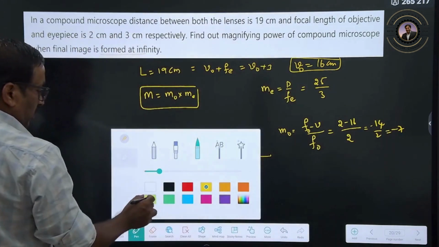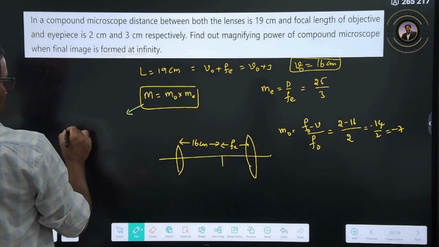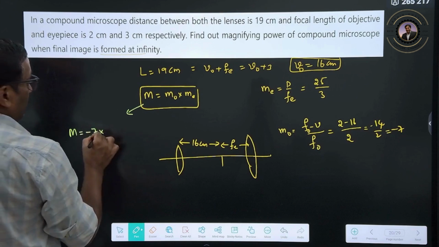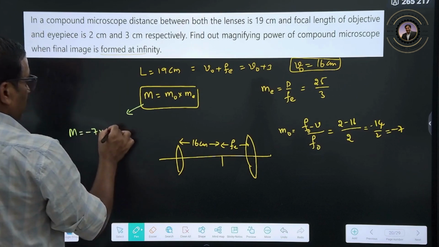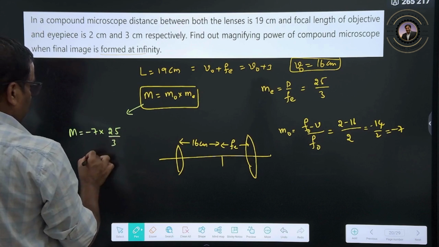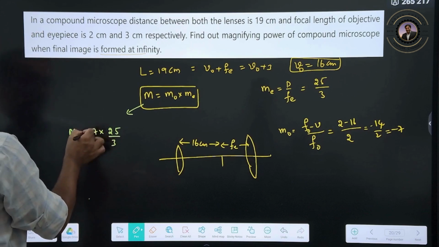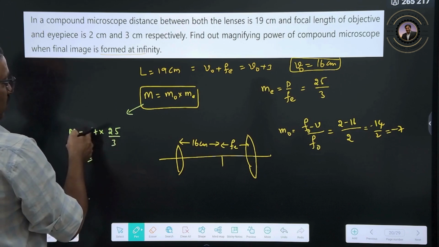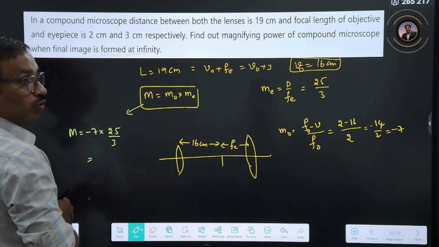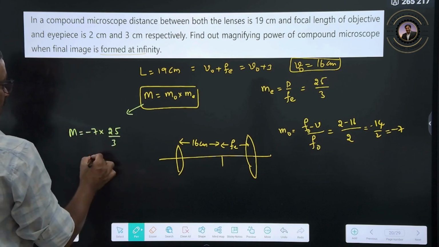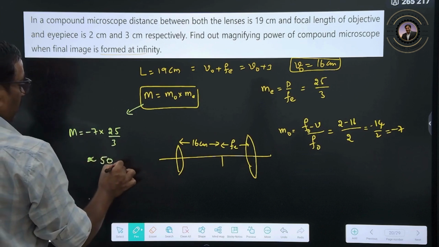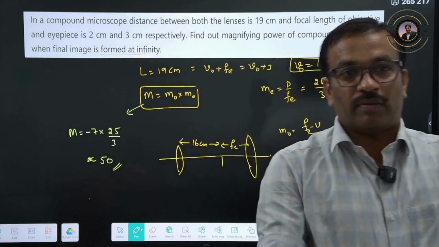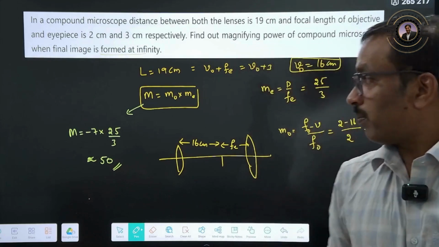Magnification is minus 7 into the eyepiece's 25 by 3, which is nearly 2 into 25, nearly 50. So more than 50 will be your magnifying power.